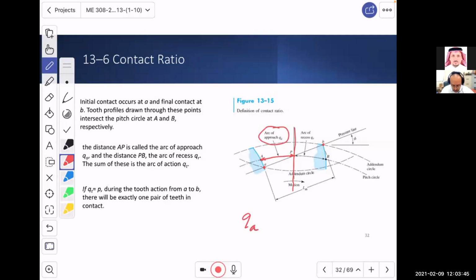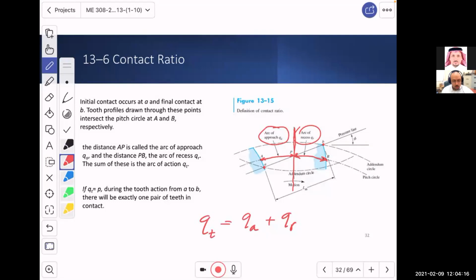This is when they approach each other. Then they start the contact and move together. After passing the center line, we have another arc, which we call the arc of recess. This is when they start to separate. The addition of these two is Qt, the sum of the two arcs.